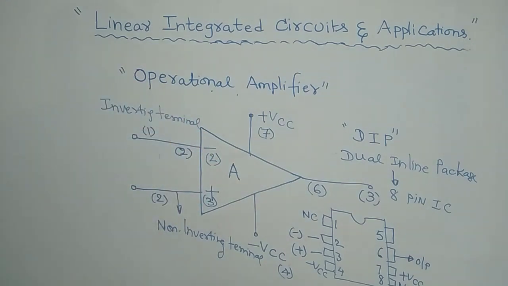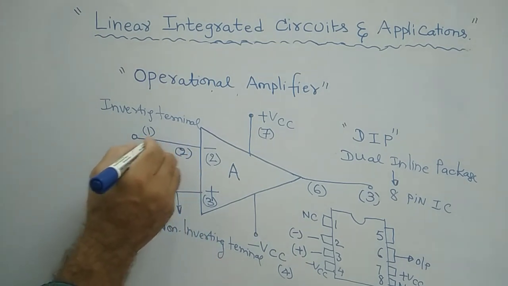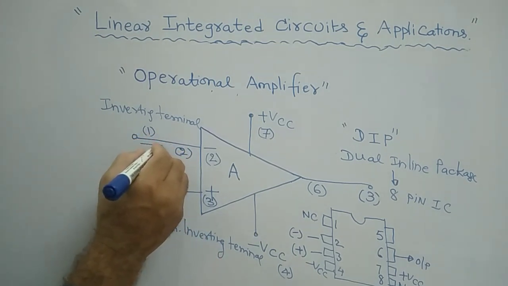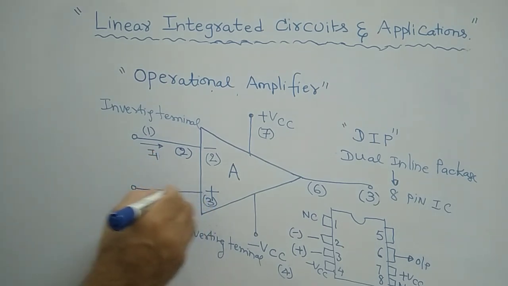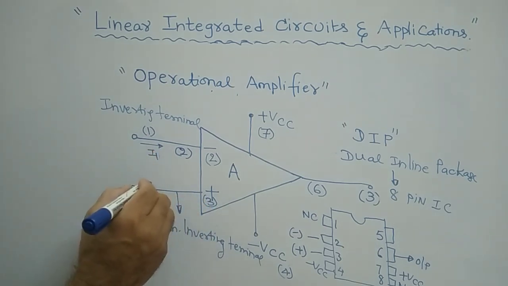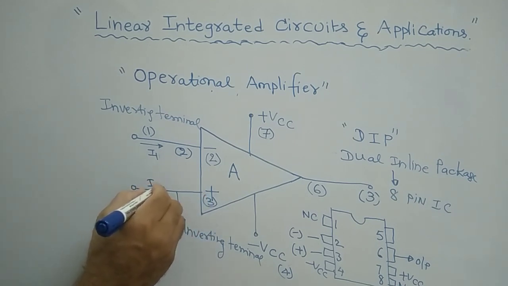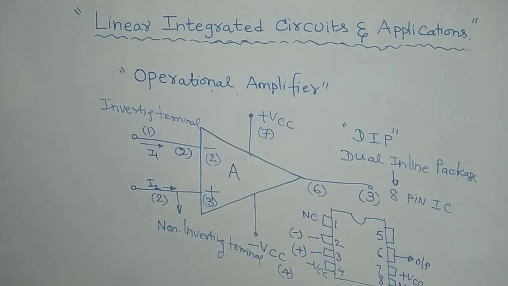If you consider the first terminal, through this terminal you can have current I1, and similarly through the other input terminal, the non-inverting terminal, current I2 flows.